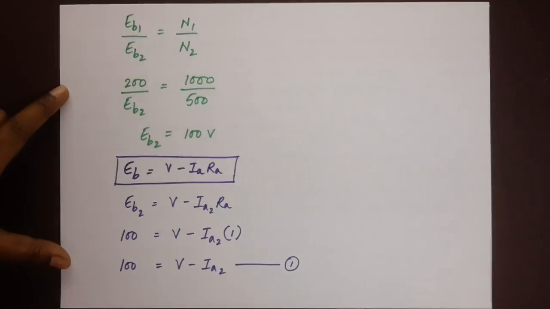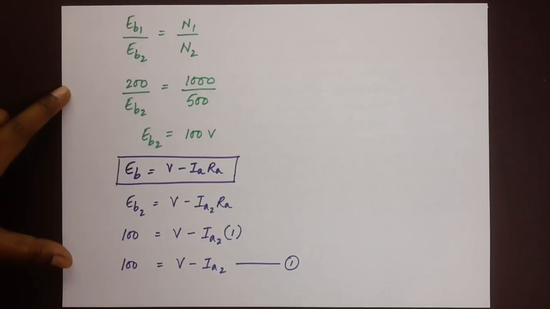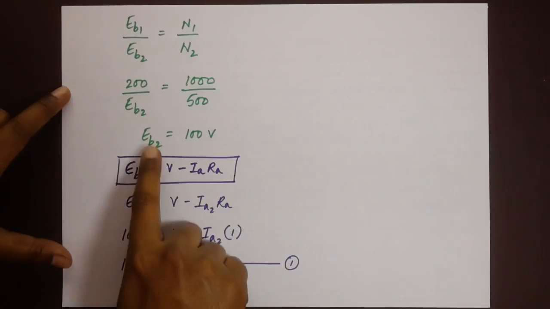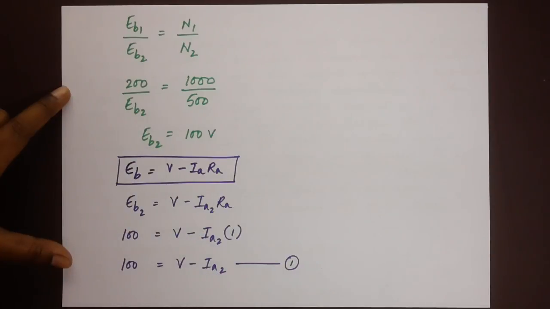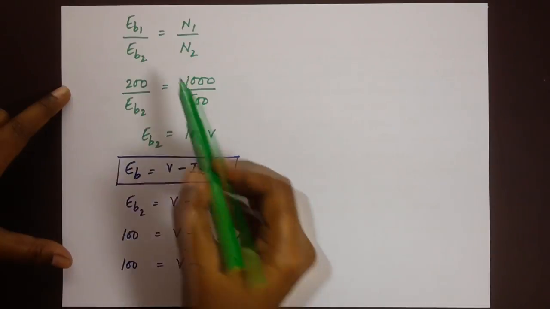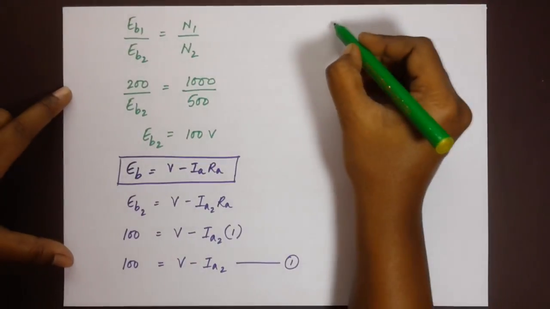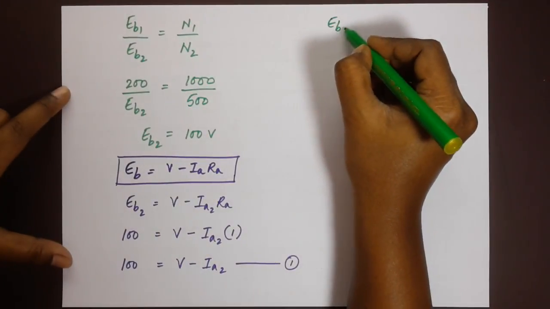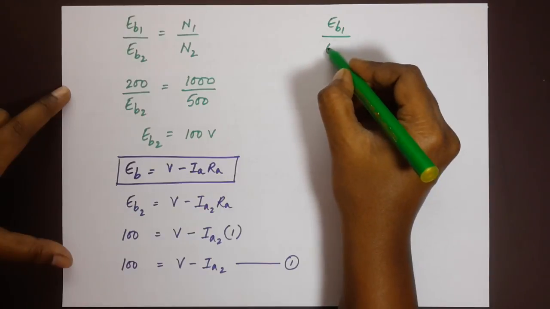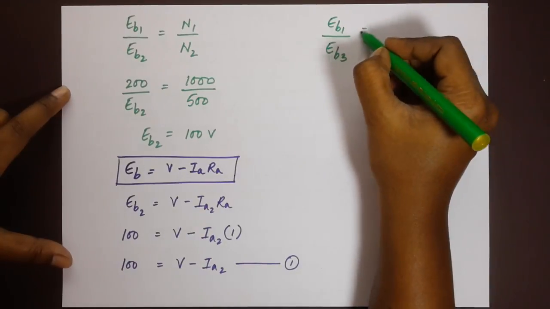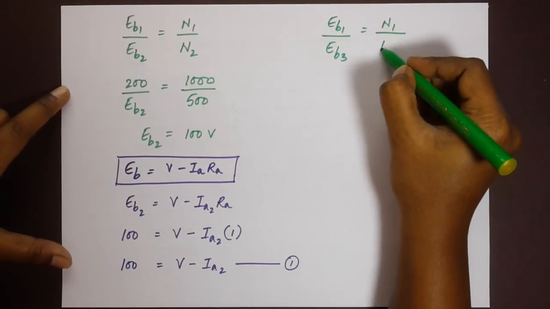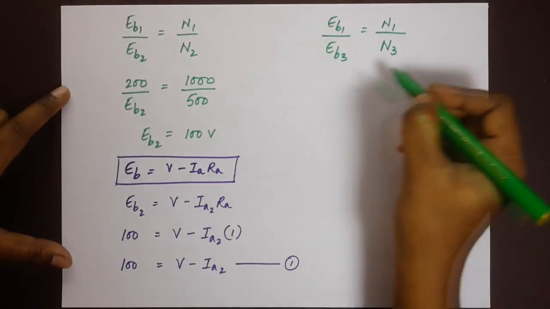So I'll solve the rest of it on the other side over here. Now similarly, exactly what we did in finding out the value of EB2, now let's find out the value of EB3 using the same relation. So here we can write this as EB1 divided by EB3 is equal to N1 by N3.